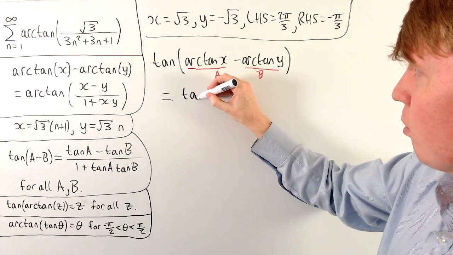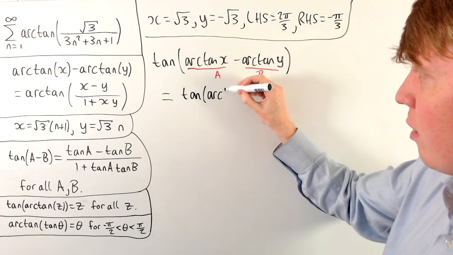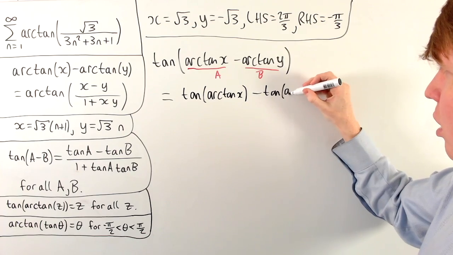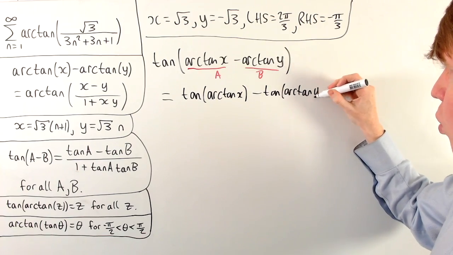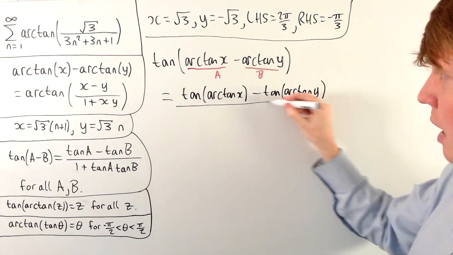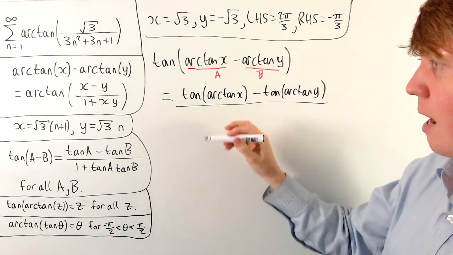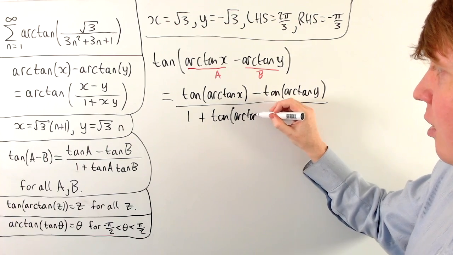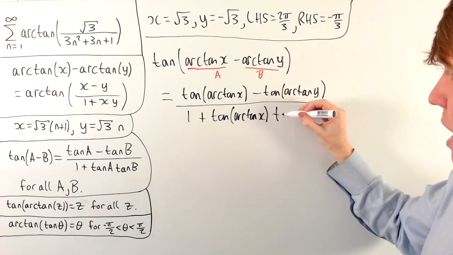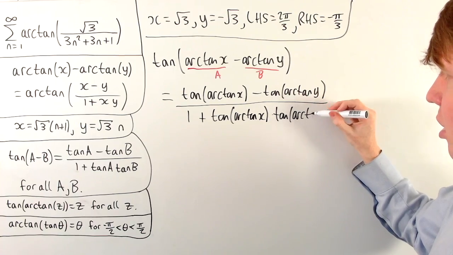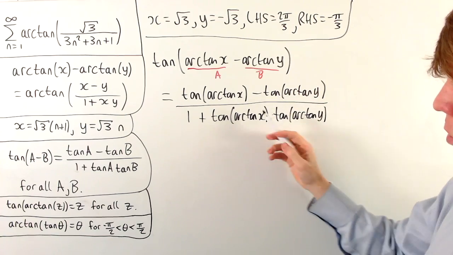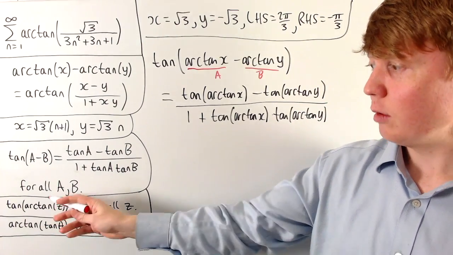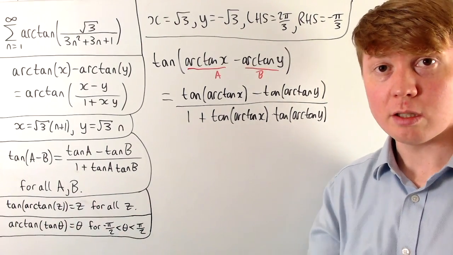So we can write this now as tan of arctan x, minus tan of arctan y, and in the denominator 1 plus tan arctan x times tan of arctan y. At this point we've got lots of tan of arctan of something, and tan of arctan of any value is just equal to that value.